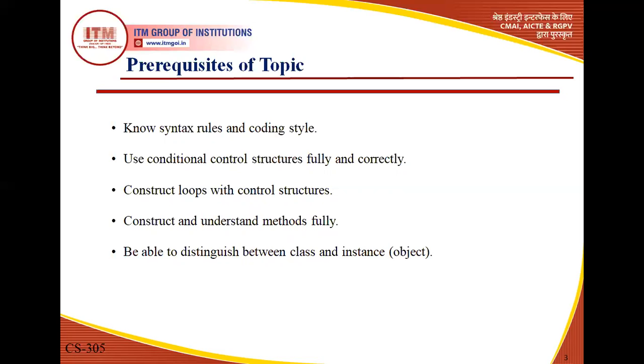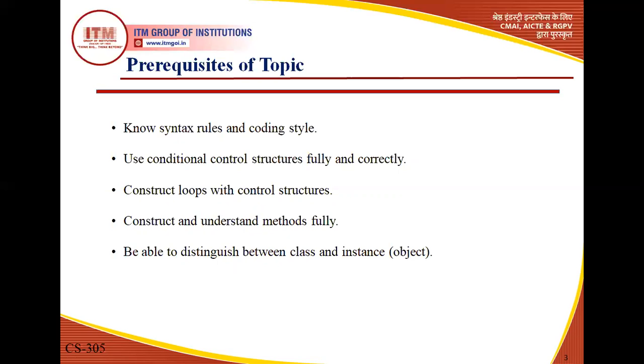We should have knowledge about syntax rules and coding styles, that is, what the rules and regulations of coding are that we'll follow here. So the basic thing we should know about it. Next, we should know about control statements and conditional approaches.